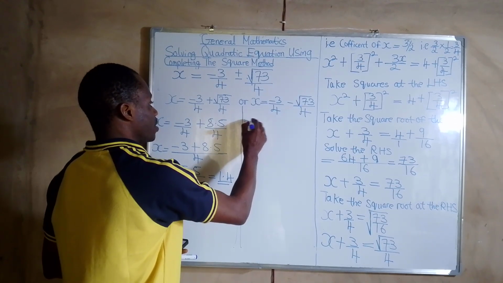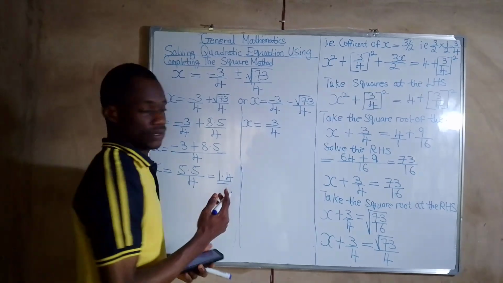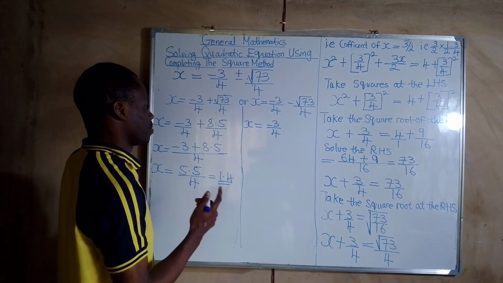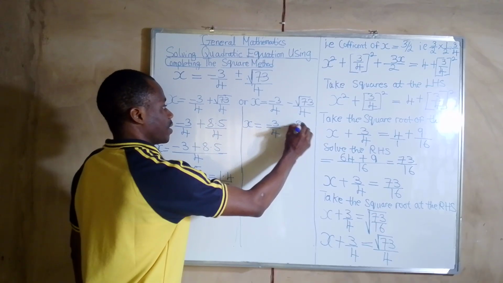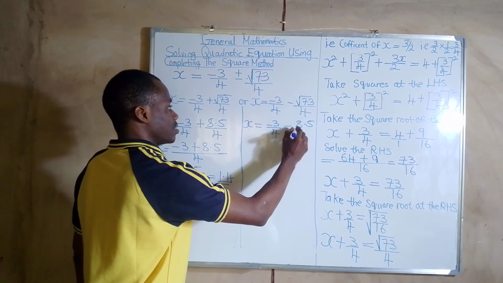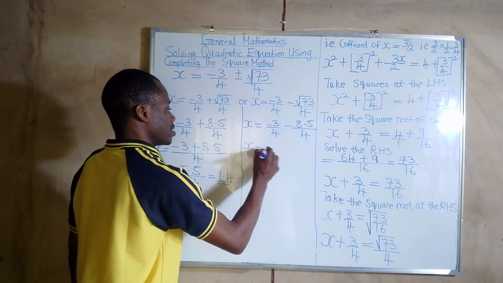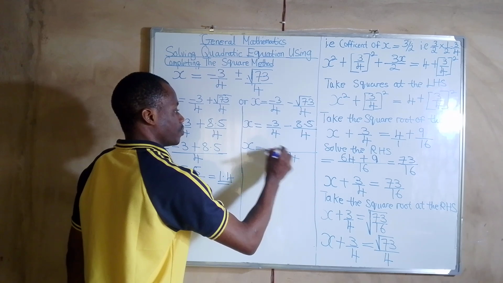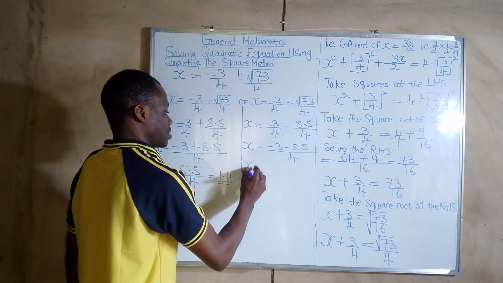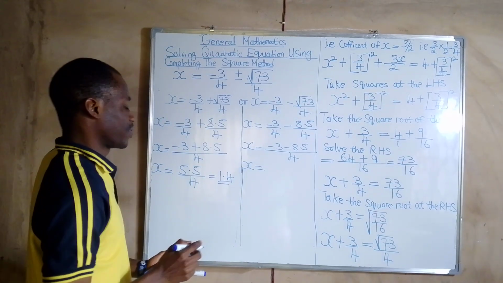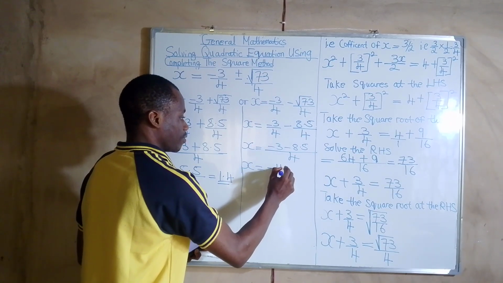Now this one, x is equal to minus 3 over 4 minus 8.5, as the square root of 73 over 4. Once they have the same denominators, no need of looking for LCM, just pick 4. Then minus 3 minus 8.5 should be giving us minus 11.5.